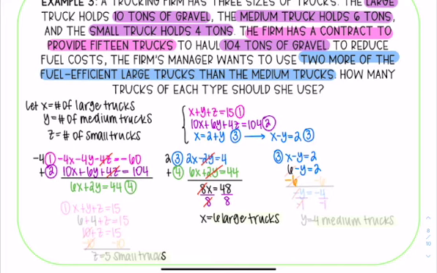We're subtracting 6 from both sides. We get negative y equals negative 4. And dividing by negative 1, we get that y is equal to 4. So that's 4 medium trucks.